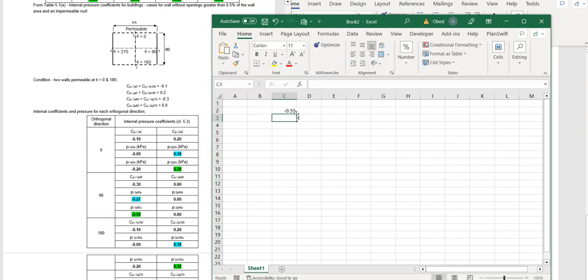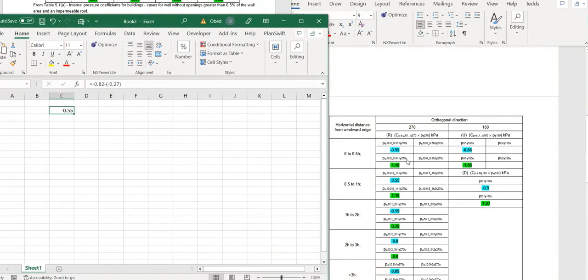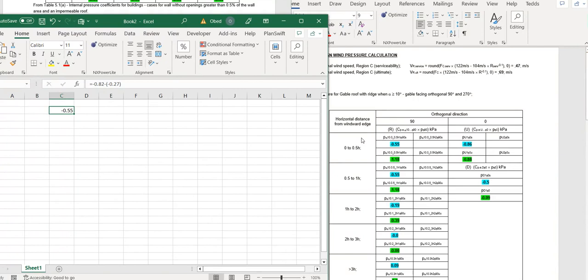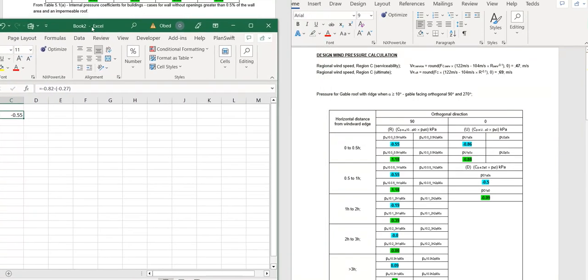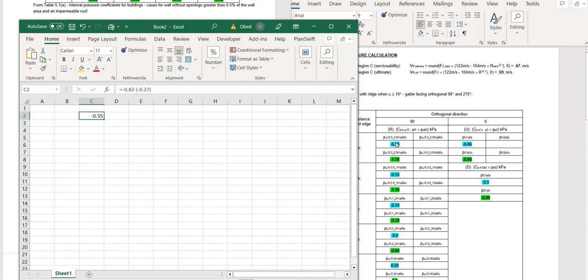Hit enter on the keyboard. It gives me the value of negative 0.55 kilonewton per meter square. So that's why I've got a value here: pressure for roof gable at wind 90 degrees, 0 to 0.5 h, negative 0.55 kilonewton per meter square.